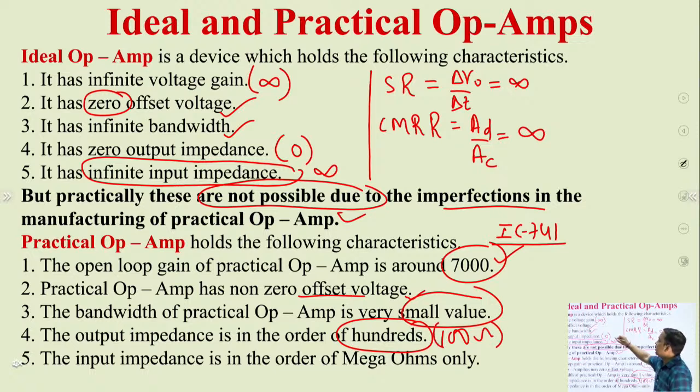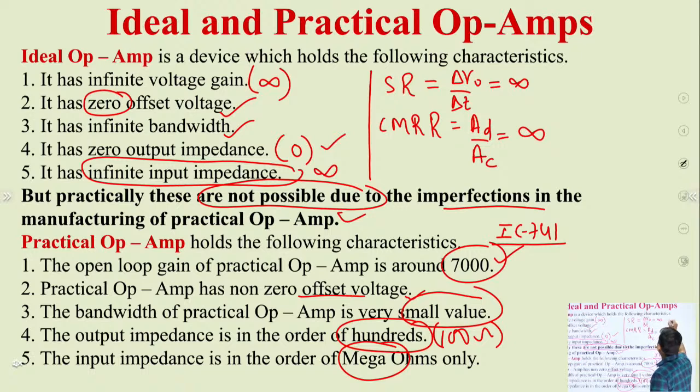Ideally we have seen that the output impedance is very low, it is 0, but here we can mark this value as less than 100. Also the input impedance is of the order of mega ohms, means 10 raised to power 6. So this is a brief comparison.